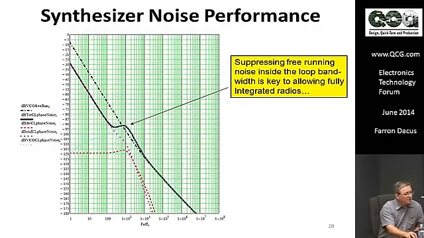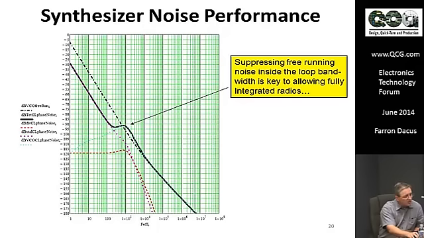Okay, and here's an example of synthesizer noise. You can predict what this noise is using an equation called Leeson's equation, and if you put all the terms in, you get within 1 or 2 dB accuracy on predicting this noise. Its character is that at far out frequencies, if I can get a pointer here, you'll get down to the thermal floor, and then as you come inside the bandwidth of the resonator, it starts rising, and it keeps rising right up to 0 dB.